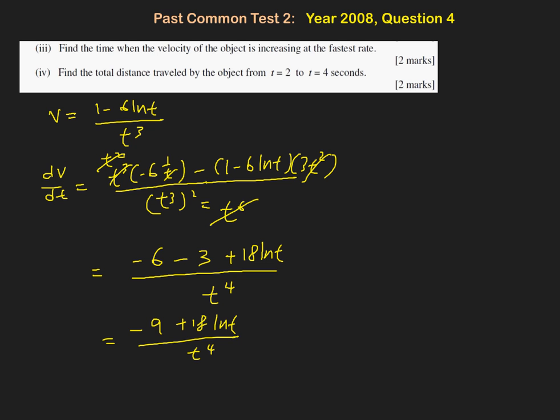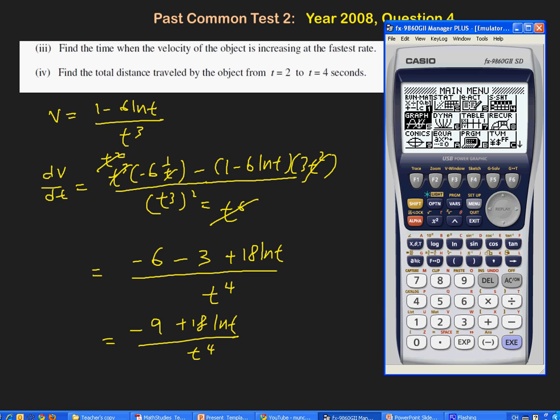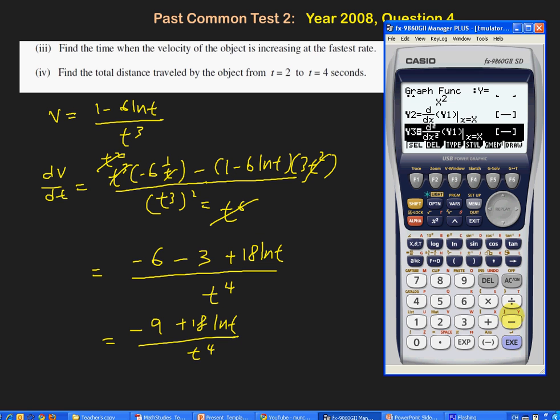So we are going to punch this into the calculator and ask the calculator to help us. So let me call out my GC. Okay, so I'm going to enter this. The function is minus 9 plus 18 ln t over t to the power 4.